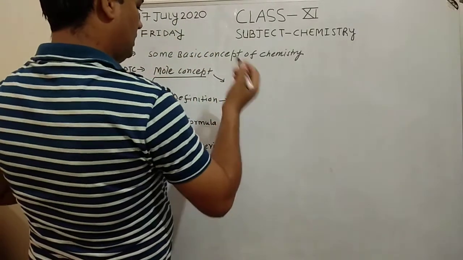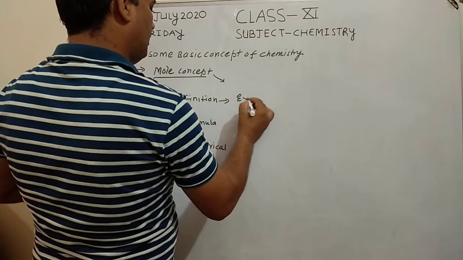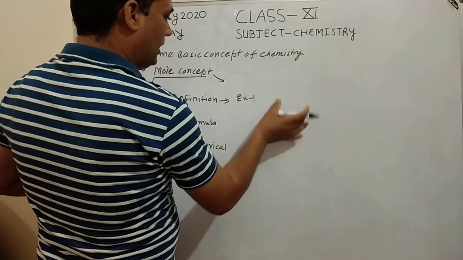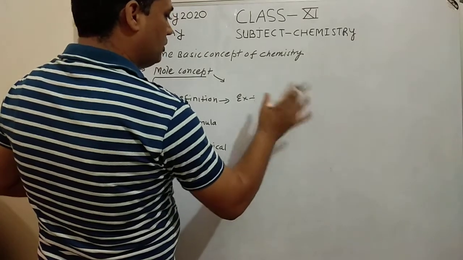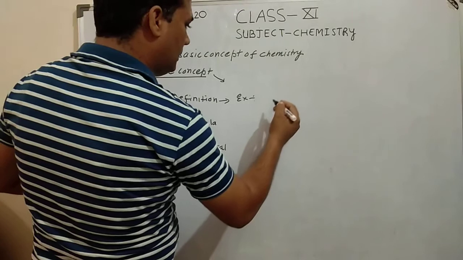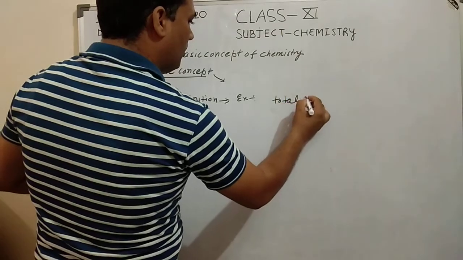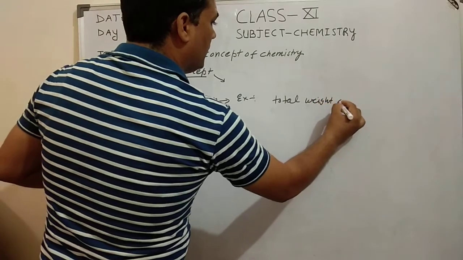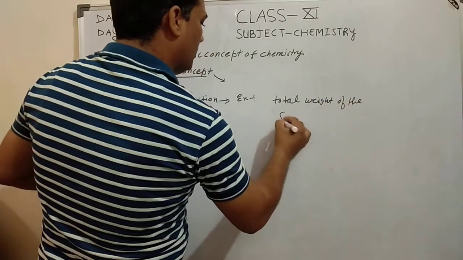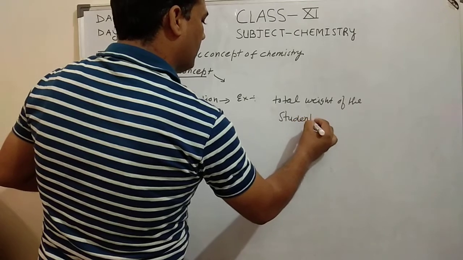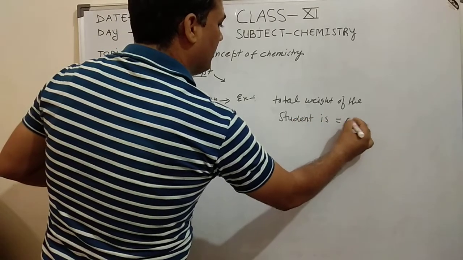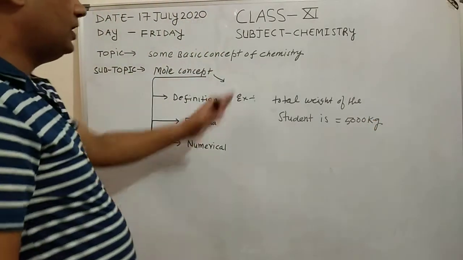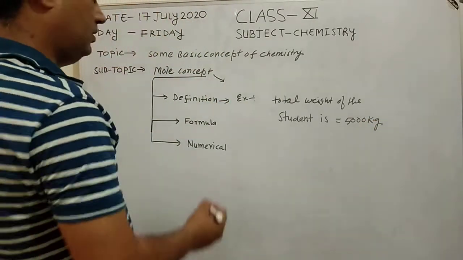We can explain easily by taking an example. Suppose a class in which so many students are present and the total weight of the students is 5000 kilogram. So how can we calculate the number of students?